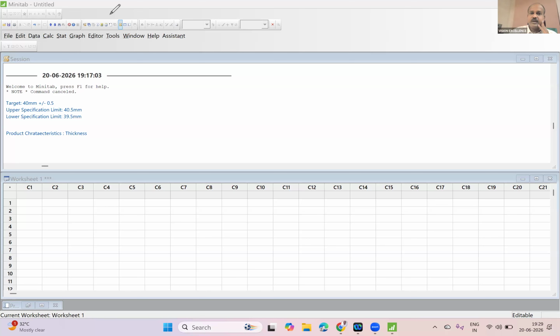Don't just try to run the show through 100% inspection. That shouldn't be the goal. 100% inspection cannot assure quality. 100% inspection can only assure that you can eliminate the defective part. But what needs to be done is you should in fact stop the occurrence of the defective part. That is the quality improvement.